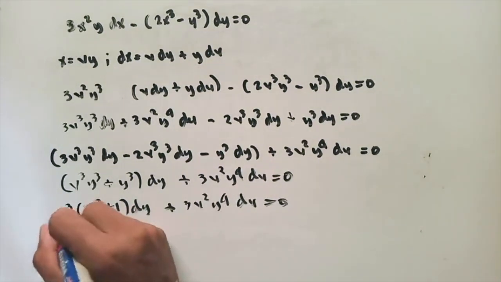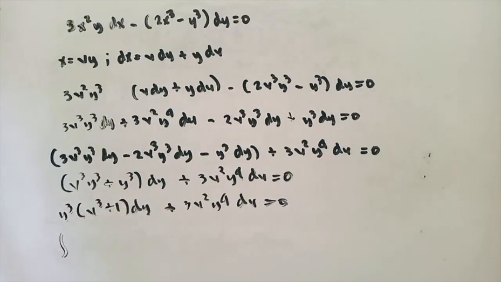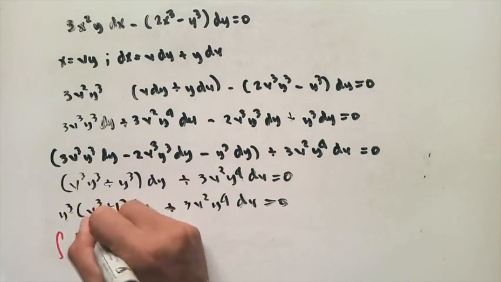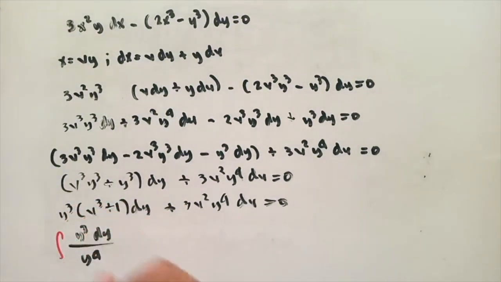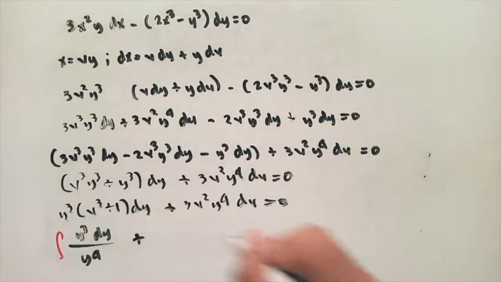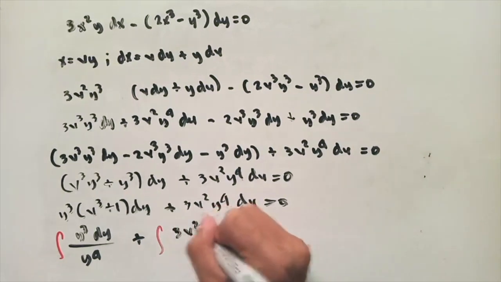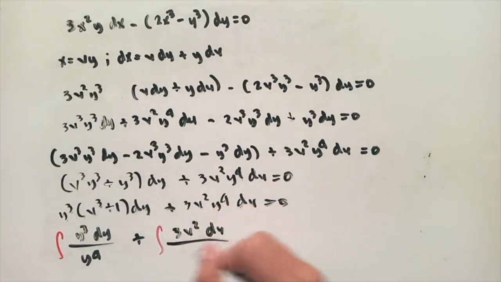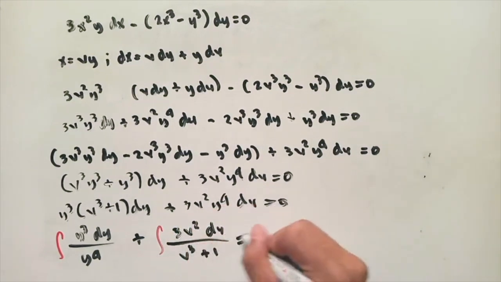Hence this will become the integral of y cubed dy over y to the fourth, plus the integral of v squared dv over v cubed plus 1 equal to 0.